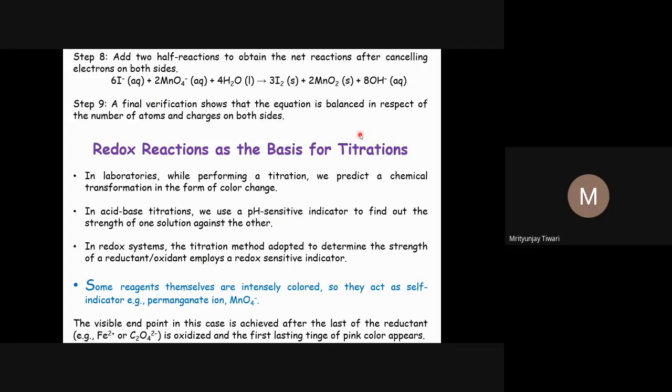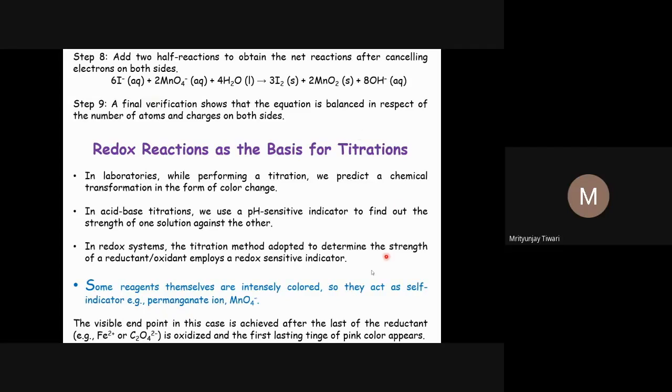That change should also be lasting, because if the color change happens for just a moment, you may or may not observe it. And it should be very intense, so that a very small excess gives us a color we can visualize.